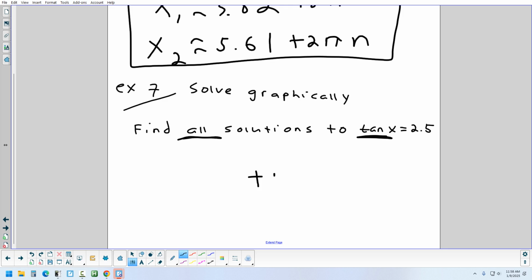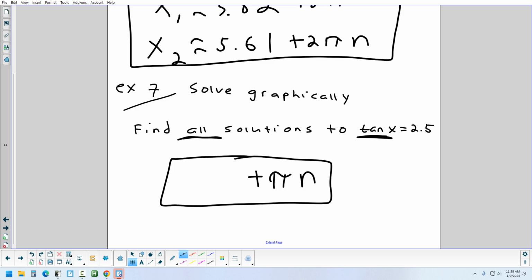Pi. So we know period times n is going to be part of our answer. What I need to figure out, though, is what's the first answer. Without the first one, I can't tell you where it repeats because I don't have a starting point.